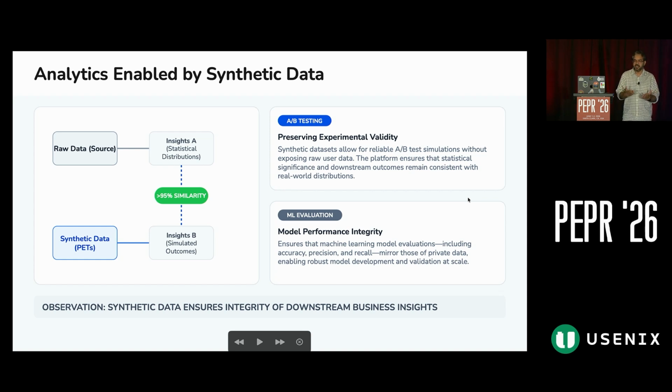So what that means is for 95% of your experiments, whatever result you had in the raw data is also what you see in synthetic data. And the 5% where it failed are scenarios where your experiments were never stat sig. So there was no statistically significant result to report, and that flowed through.